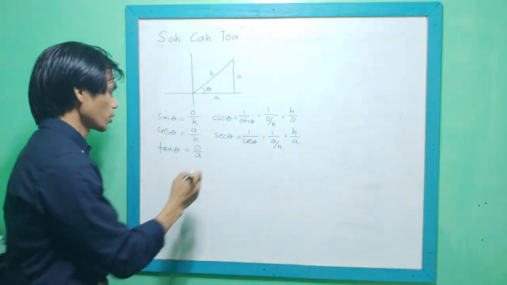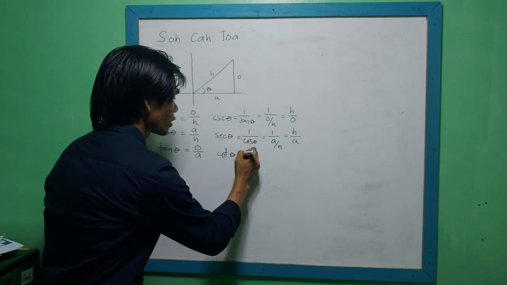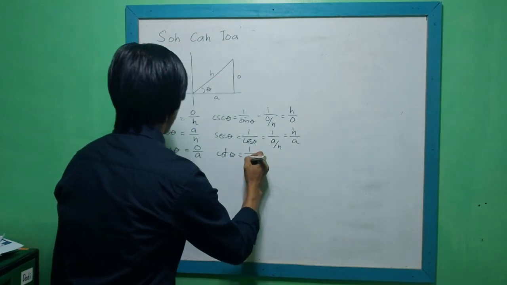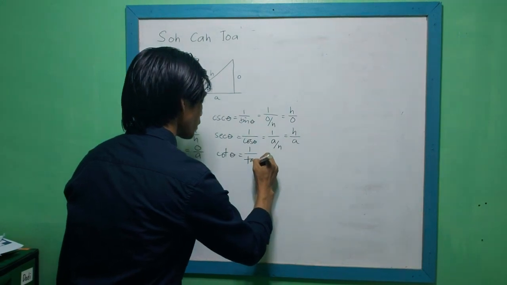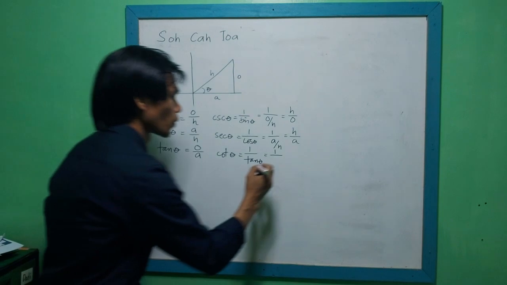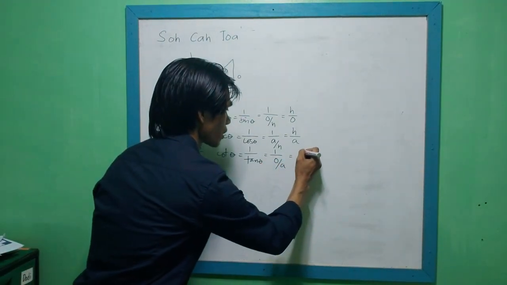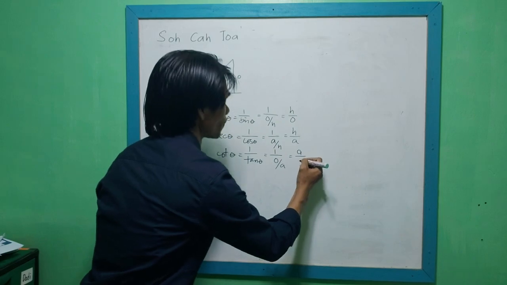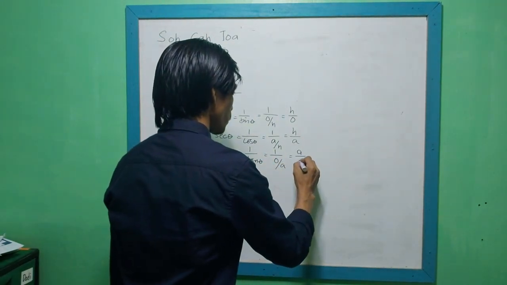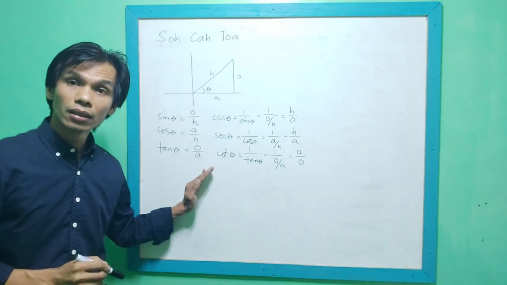Ganon din, of course, yung cotangent. Ang cotangent theta, ang reciprocal niya is 1 over tangent theta. And that is 1 over, ano yung tangent? Opposite over adjacent, or that is adjacent over the opposite. Pagbabaliktarin mo lang.